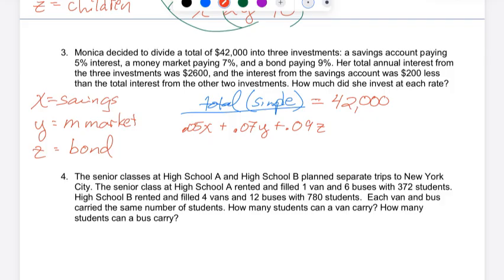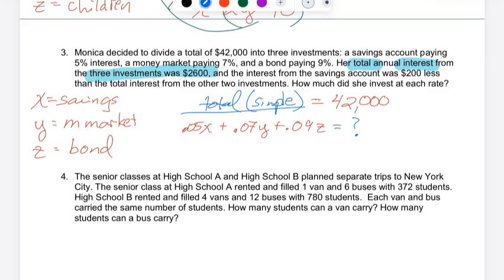But what you have to keep in mind here is that this is only the amount that you're making, the amount that you made on the investment. It says the total interest was $2,600, so you're going to put $2,600 in that spot. That's the amount of money that you made.